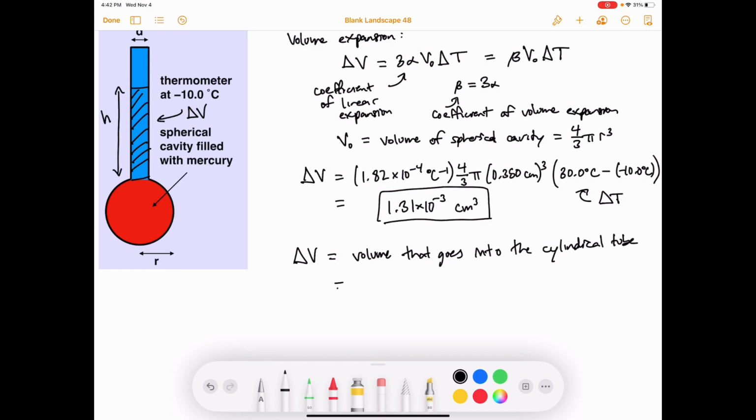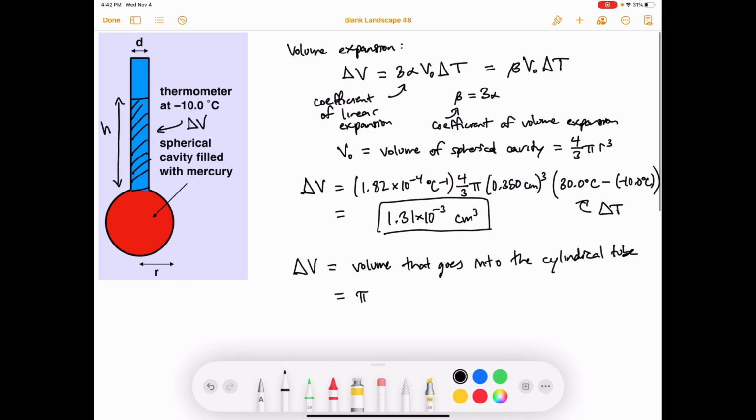So the volume of that cylindrical tube is equal to pi times the radius of the tube. So here, we're using d for the diameter of the tube. The radius would be d over 2. We square that, and then multiply by h. That's the formula for the volume of the cylinder.